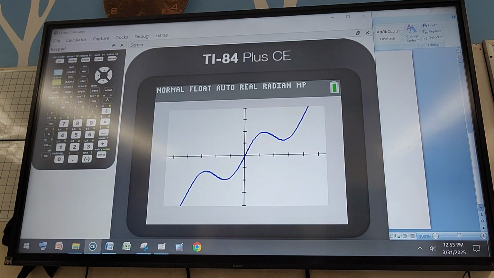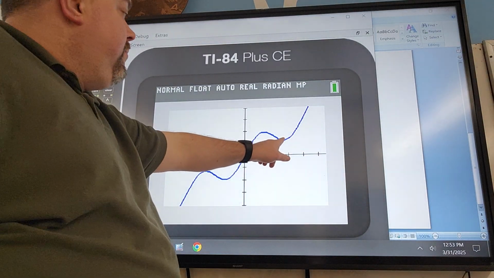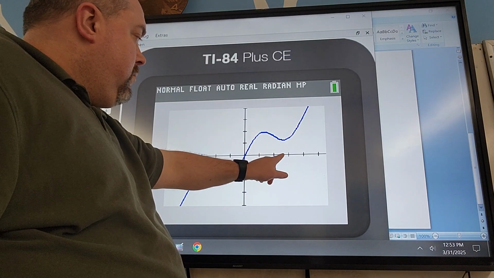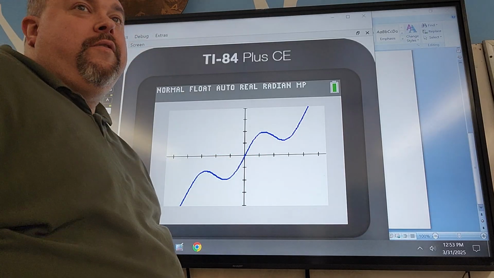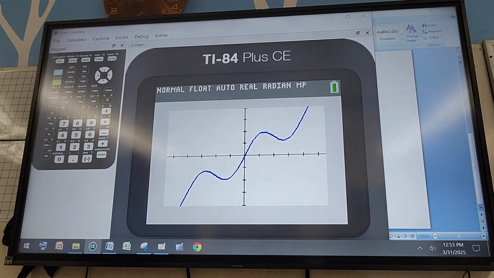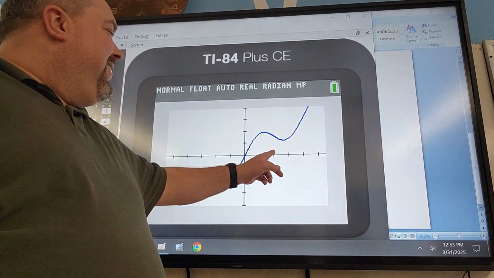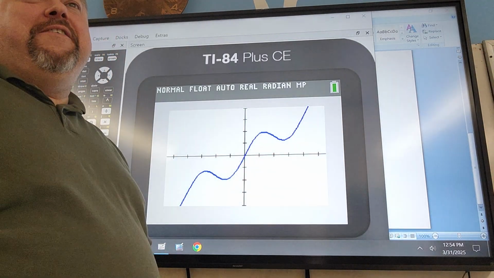What are we guessing? Where this is? 1 and 2.6. That's not even on the scope. Well, 2.6 is still less than pi. Oh, I thought you meant 2.6 pi.